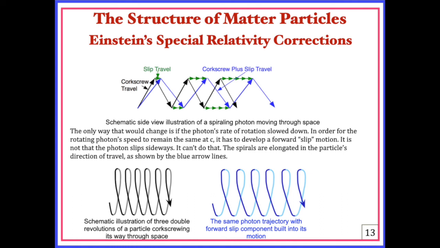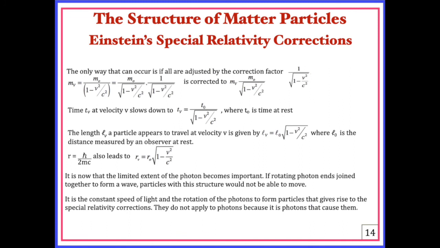The black arrows show how far it is spiraled. The blue arrows represent how far it has traveled. The difference, the green arrows, is how much space has been foreshortened in that direction of travel. That is what physically happens to cause time to slow down and distance to become shorter when a particle composed of a rotating photon moves.